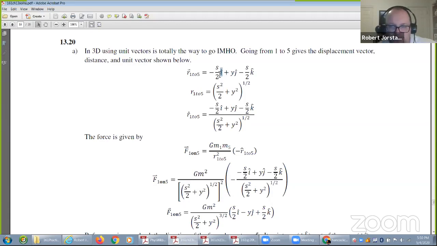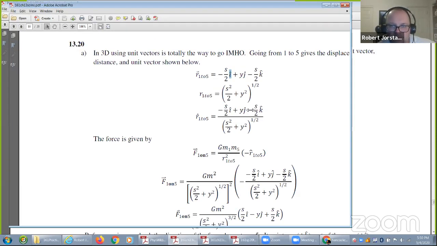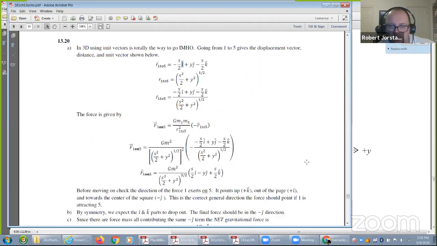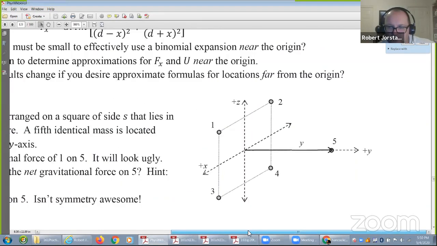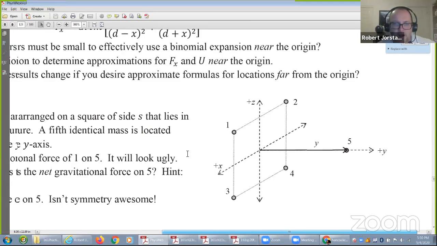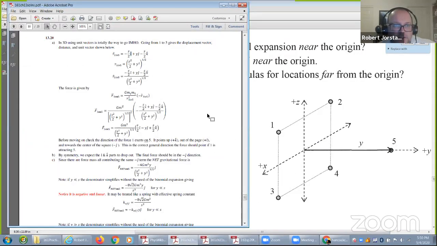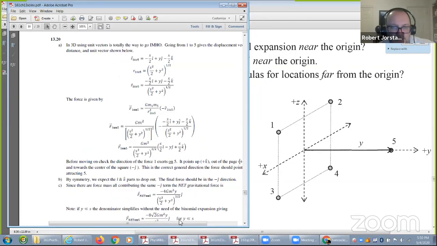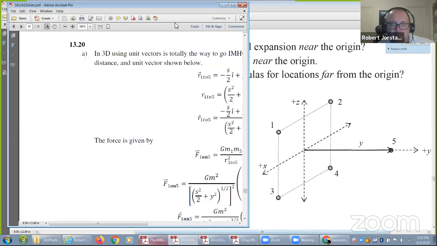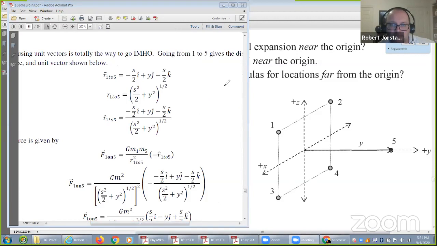So here we go. I need to split the screen here. All right, so take a look, and I need to make this one a little bigger. Negative s over 2 in the I hat.